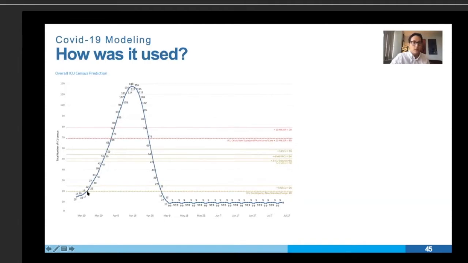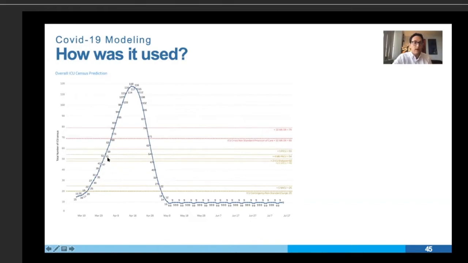On top of this projection line, we see reference lines that correspond to spaces, which is basically decisions that we would have to make about how to reallocate space. So you see the bottom line is the standard capacity for critical care. And then as you move up, how many more beds would we get if we reallocated M6 or the PICU or things like that?